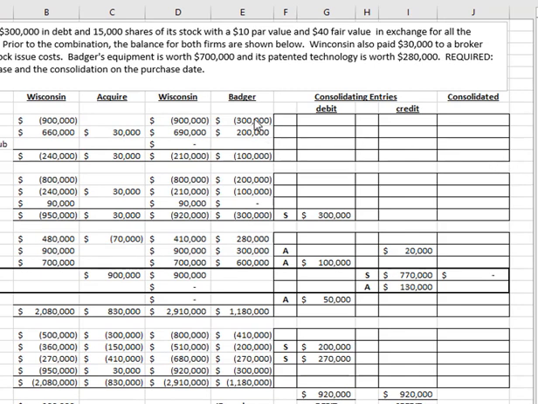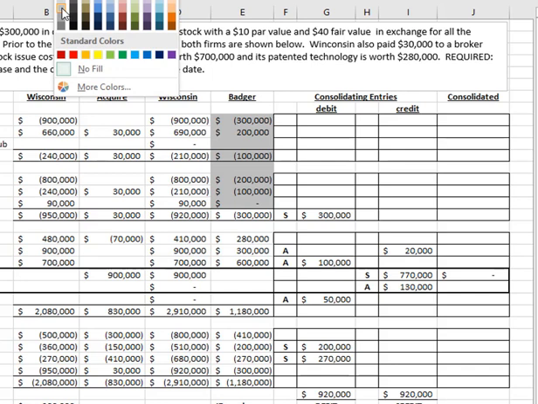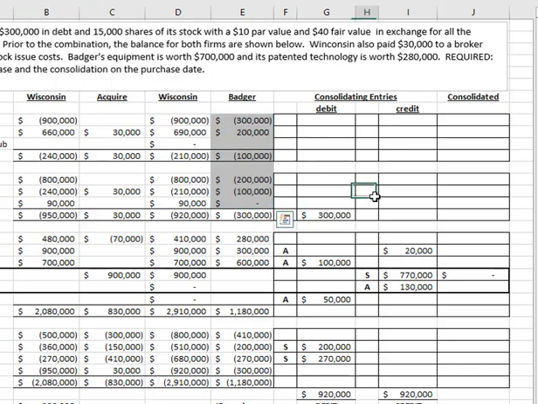So we bought Badger on this date, and so the sales and expenses prior to this date, because this was prior to the combination, don't belong to us. We're going to gray that out. So the consolidated sales is just going to be with Wisconsin. The consolidated expenses will just be with Wisconsin.